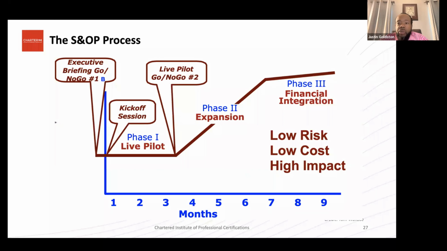And if you're a multinational organization, then you would actually expand this S&OP process overseas. If you have multiple facilities within your respective country, then you would actually expand this process to other facilities. Some people, so that's another discussion that we would have during that executive briefing of the go or no go, in that, are we going to do a phased approach where we do S&OP within one facility to see how it goes, make adjustments, and then expand it out to other facilities or expand it out to other countries?